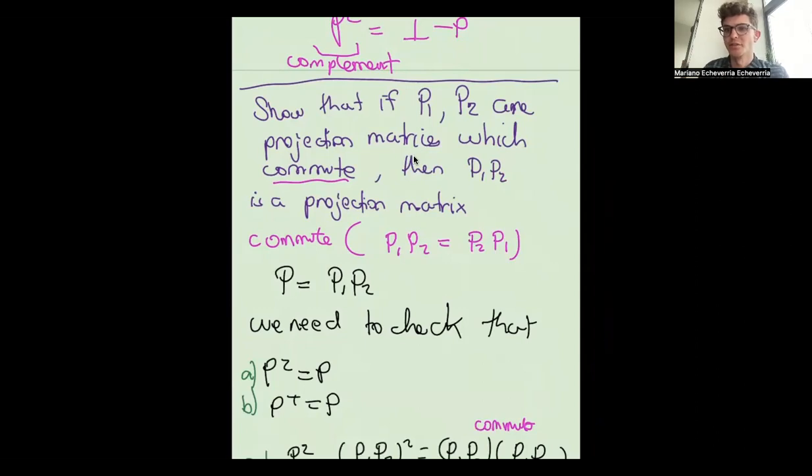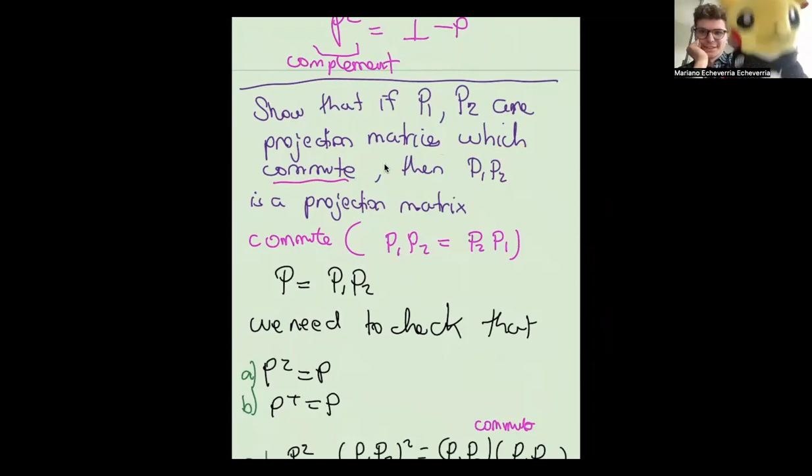So only because it's one of the hypotheses of the problem. In general, P1 P2 is not the same as P2 times P1, but the problem is telling you to assume that that does happen. Is that making sense? Yes.